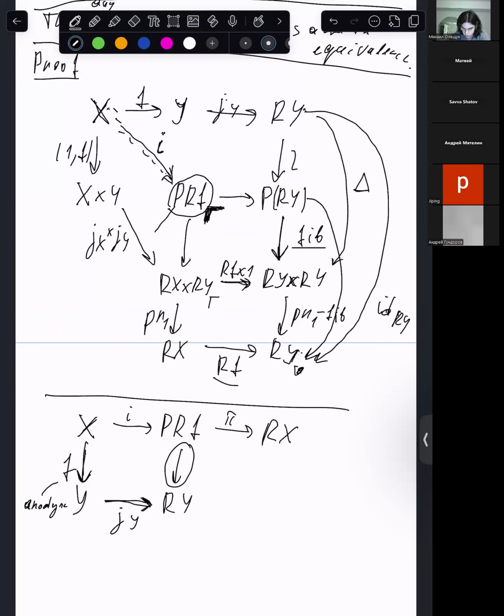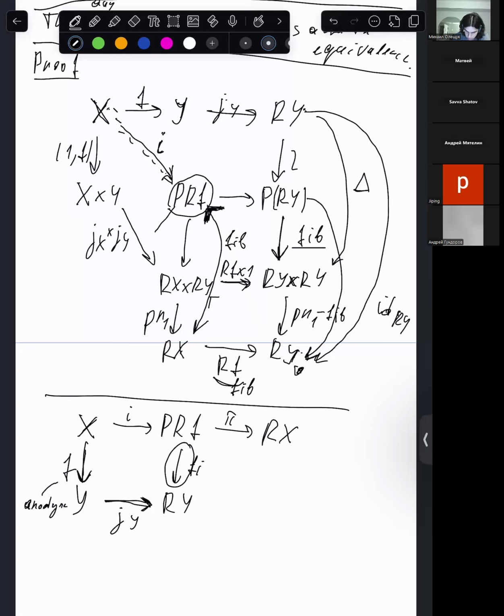So the composition of two fibrations is a fibration, and the pullback of a fibration, that is a projection of PRF to Rx, is also a fibration. RF is a fibration by the definition of fibrant replacement, so the projection is a fibration.